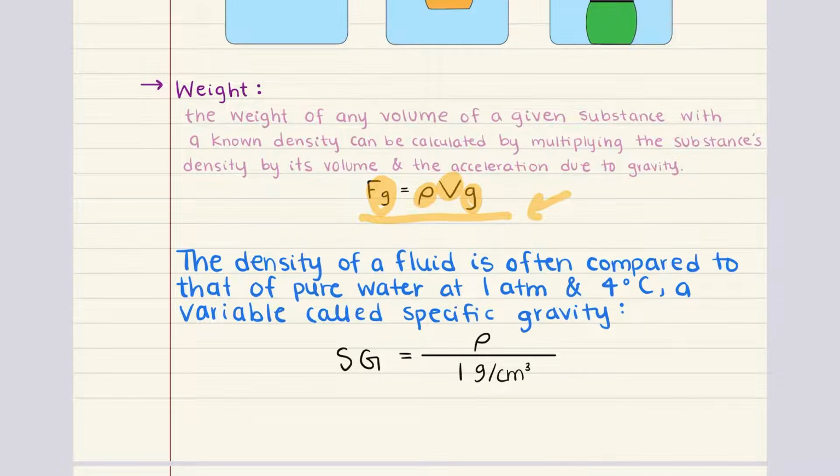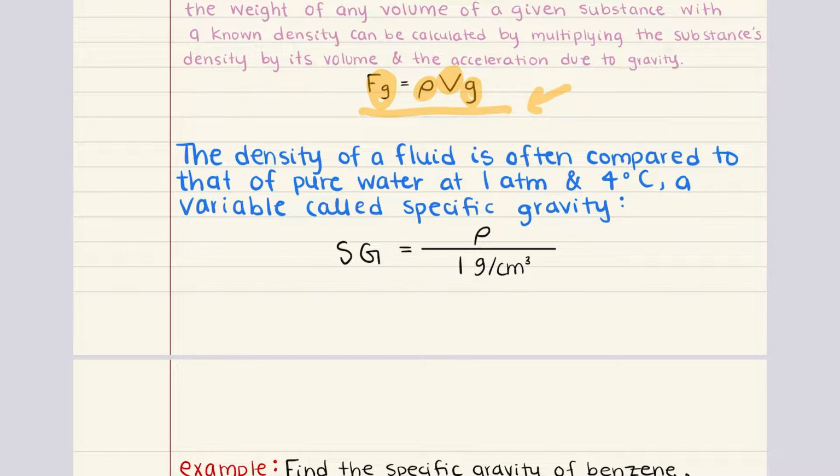Now, when we're comparing the density of a fluid to that of pure water at 1 atmosphere and 4 degrees Celsius, we use a dimensionless quantity called specific gravity. Specific gravity is defined as the ratio of the density of the substance to the density of water.